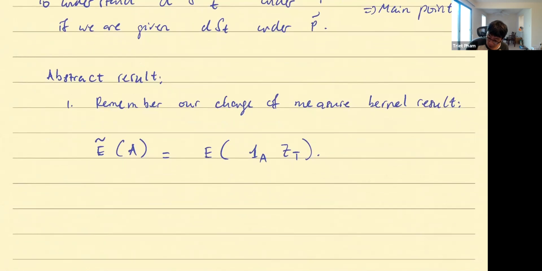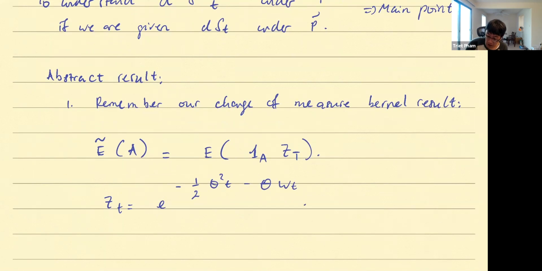And then we had something like this, that basically Z_T is e to the minus 1/2 theta squared times t minus theta times W_t.